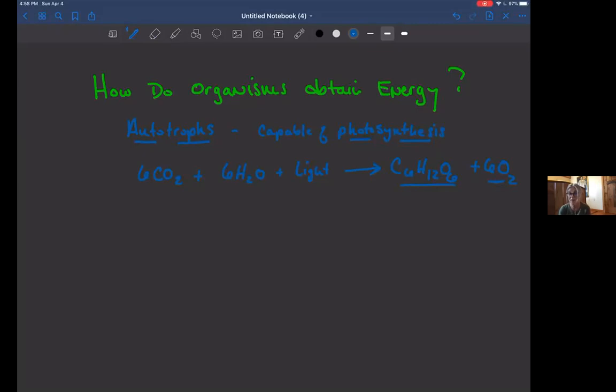Now, not all organisms are capable of photosynthesis. For example, we are not, so we are considered to be heterotrophs. Hetero, like heterosexual, means other, so this is other feeding. This is not self-feeding, which means that we must obtain energy from other organisms.